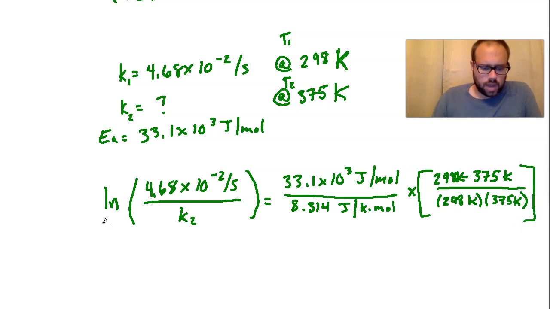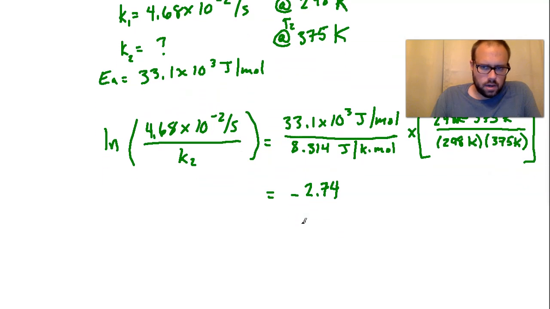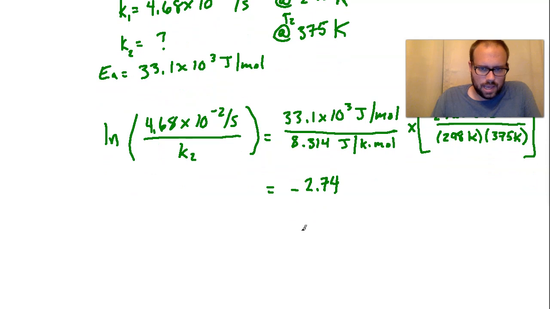So let's start by finding out what this would be equal to, okay? And if you arrange it so that you just have your value here, you're going to find that it is equal to, okay, negative 2.74. So what I need to do then is I am going to take e to the negative 2.74, and that is going to equal 0.0646, okay?